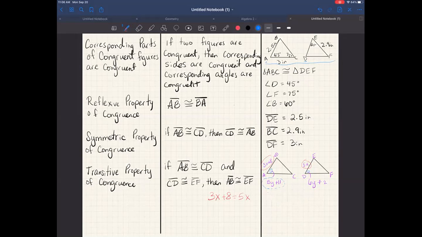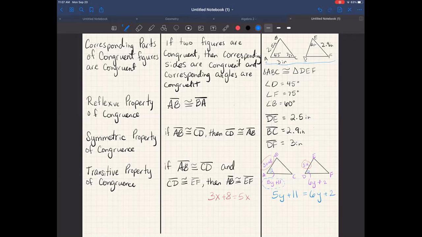If my angles are the same, A and D are supposed to be the same angle. That means that 5y plus 11 equals 6y plus 2. All I'm doing is looking at the symmetric property and saying that these two are the same. I'm using corresponding parts of congruent figures are congruent so that I can set the equations equal to each other. And now I just solve for x and y.